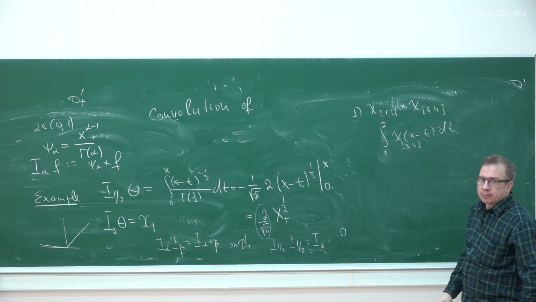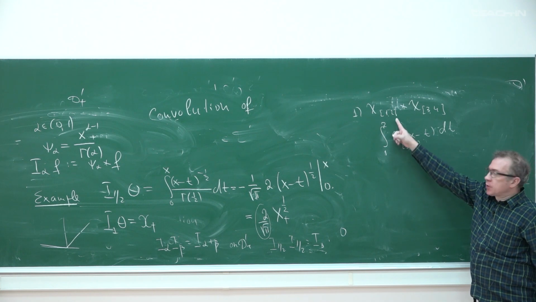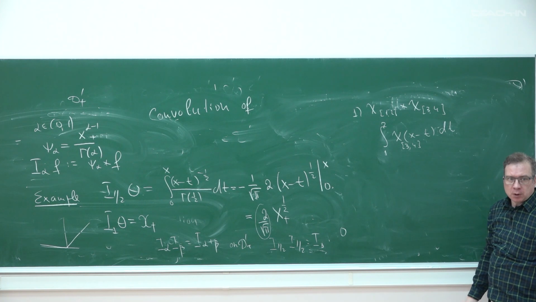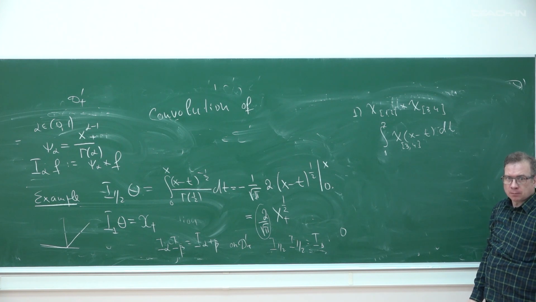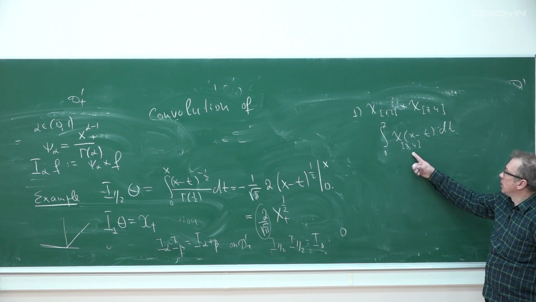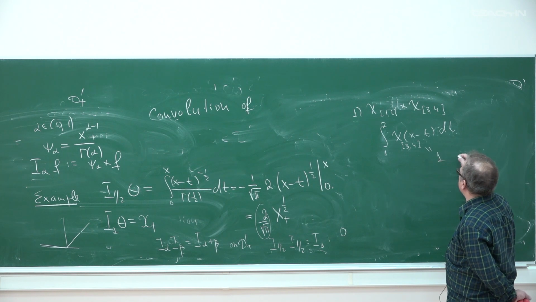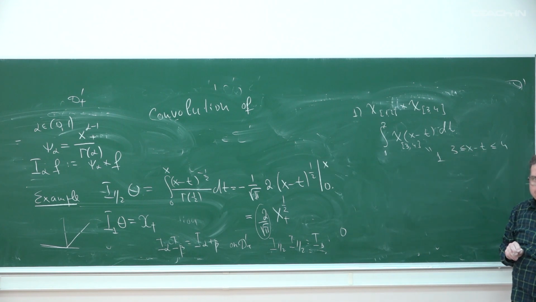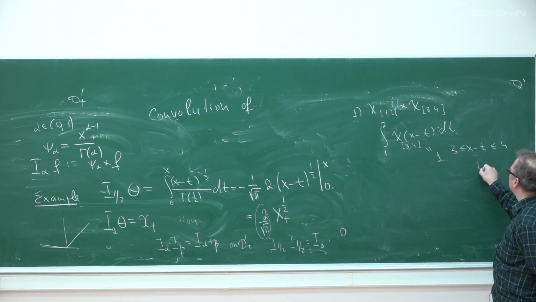The first function's characteristic function gives us an integral from 1 to 2, and here we integrate this function.